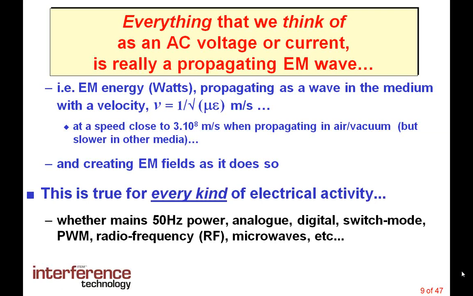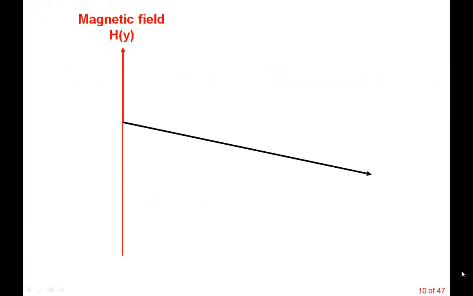Like I said before, it doesn't matter whether it means 60 hertz power for most of you, 50 hertz for me, analog signals or power digital signals, switch mode, pulse width modulation, radio frequency, microwaves, whatever. Every kind of electrical activity is a propagating electromagnetic wave, including all electrical and electronic noise. It's just a current like anything else.